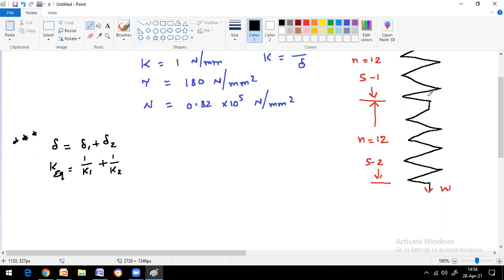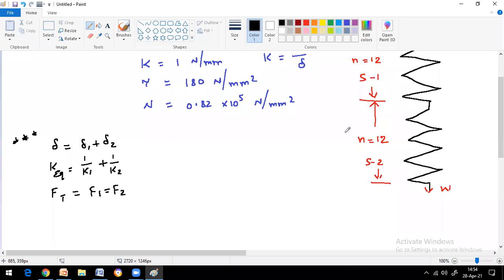As there are only two springs, I am writing only for two components. Total force will be F1 equals F2.